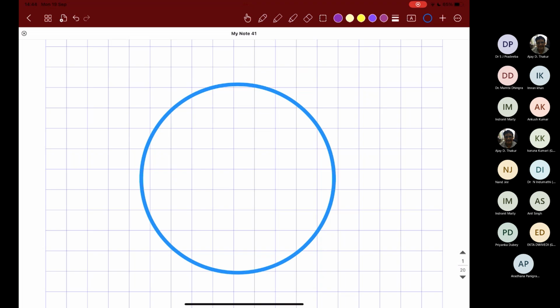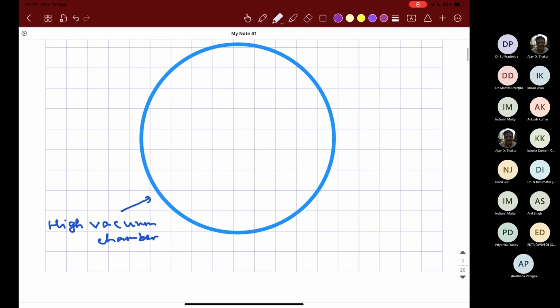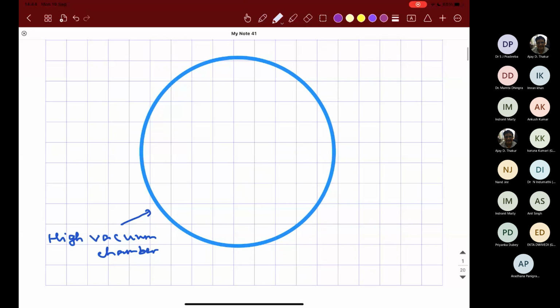Basically, this is a high vacuum chamber. In another 10 to 15 minutes, you will actually see what we are talking about. However, before we get on to that, it is important to know what we are talking about.